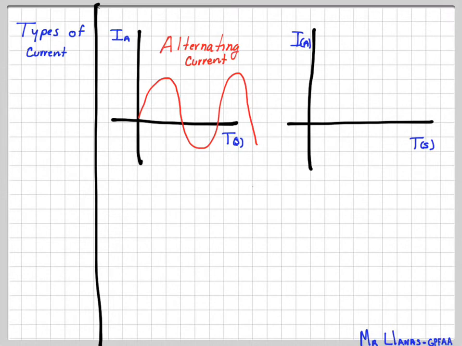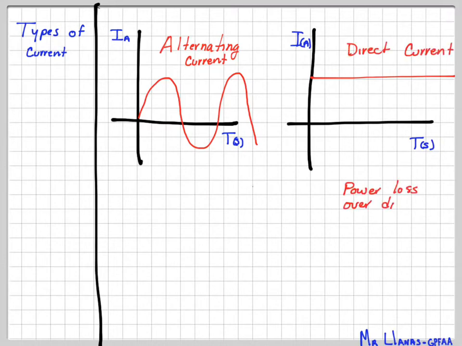This is the type of current that comes to your house from the electric companies. Another type is direct current, which does not alternate. It's just one direction. The electrons go in one direction.